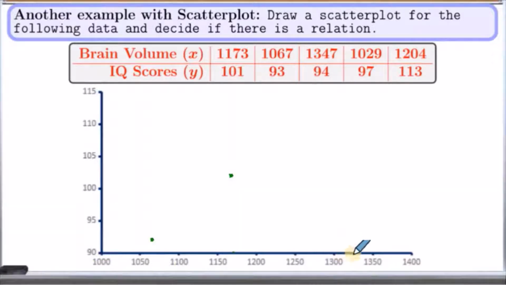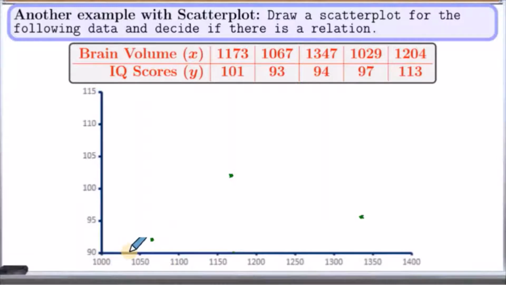So 1347 is somewhere in between 1300 and 1350. And 94, let's say 94 is right here. 1029, 97.